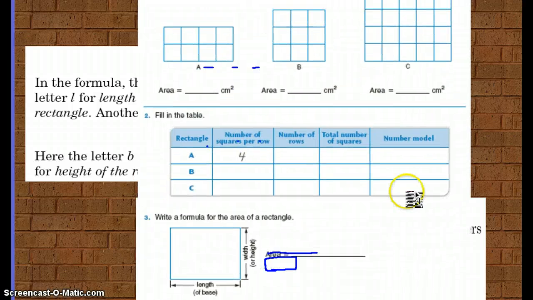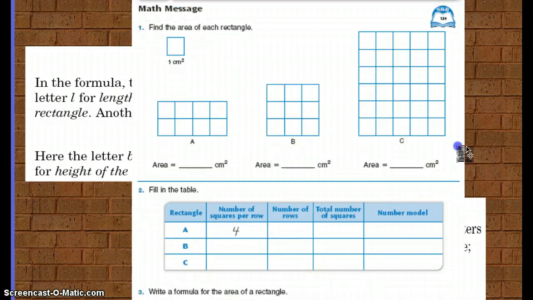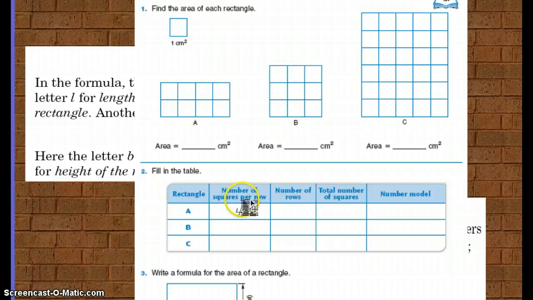So as I pull this down and we look, again, this was the top part of the page that we did earlier. And now for the bottom part of the page, all we're really doing is writing how we got that. So numbers per row in A, well, 1, 2, 3, 4. Number of rows, we have a total of 1, 2.